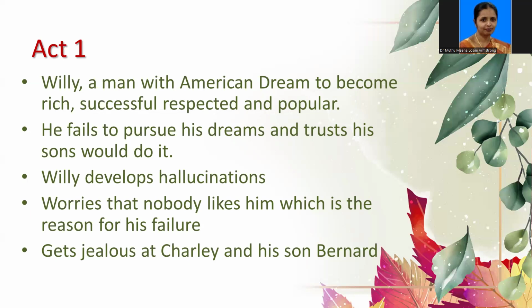So he thought that nobody likes him and everyone ignored him, and he feels that he was being neglected by the society. That is the reason for his unsuccessful dream. And he gets jealous of Charlie and his son Bernard, who are very successful and they are living nearby.